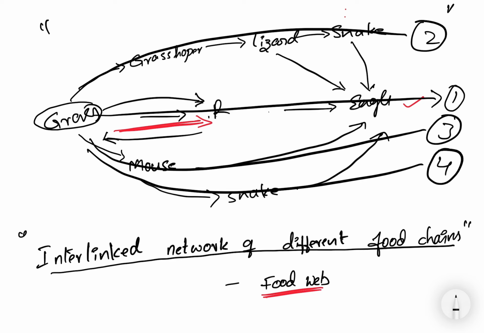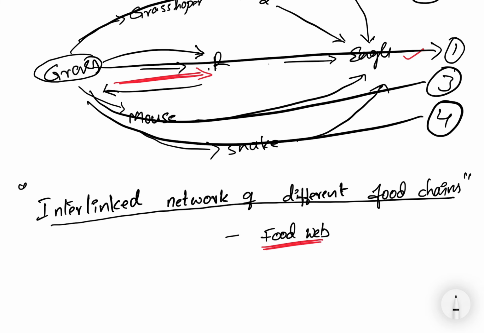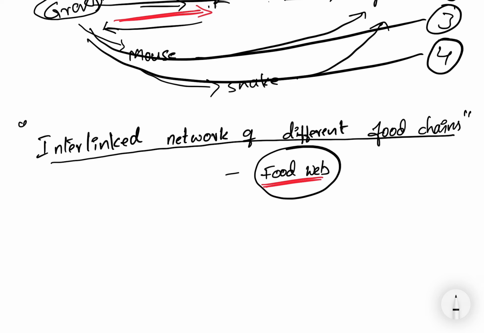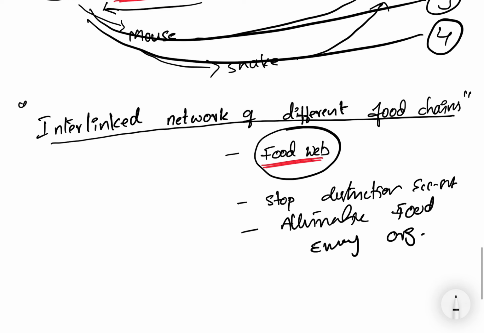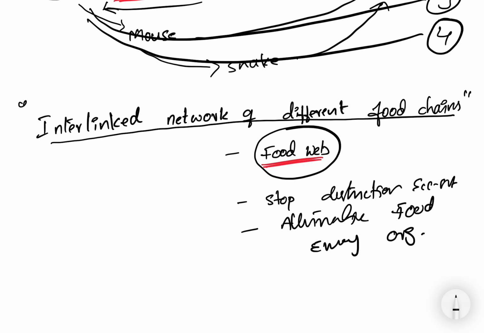This particular relation, or interlinked network of different food chains, is called a food web. The beauty of the food web is that it stops destruction of the ecosystem by providing many alternative foods for every organism. That is called a food web. Right, friends? Thank you so much.